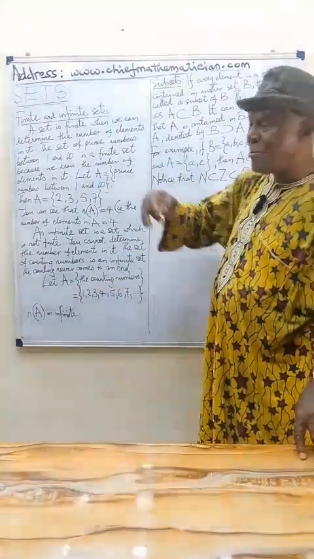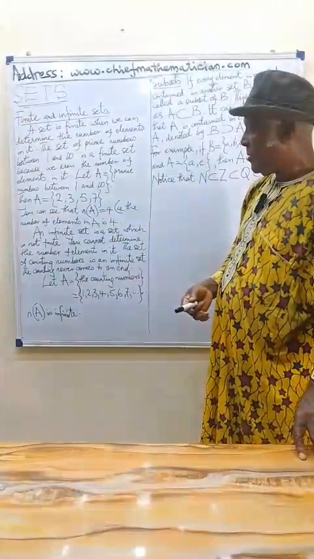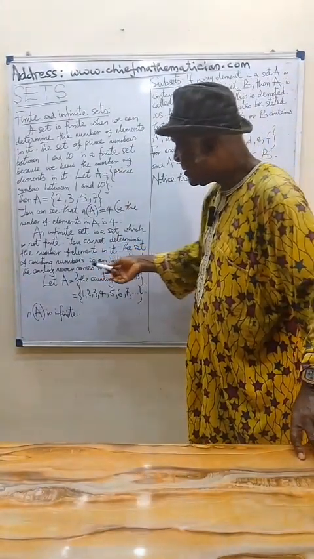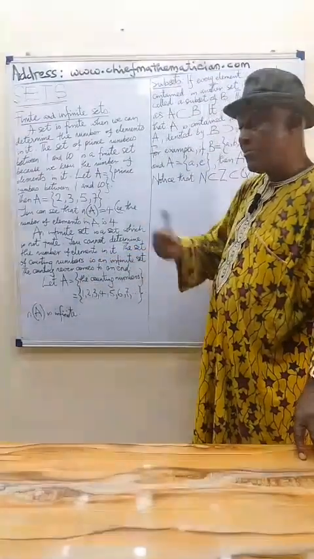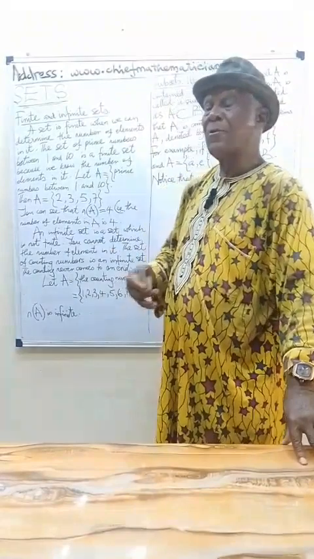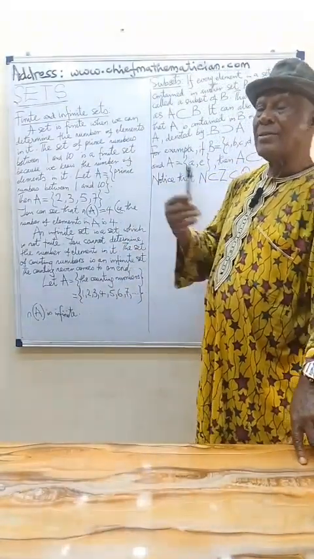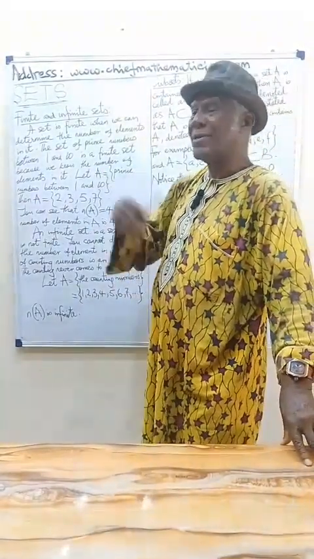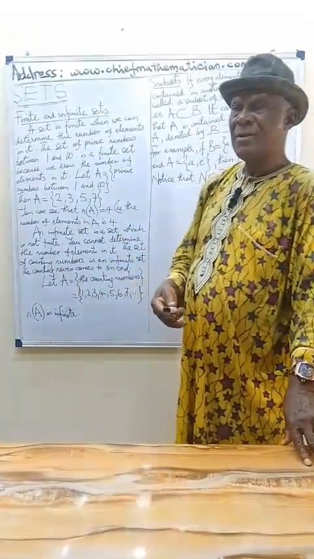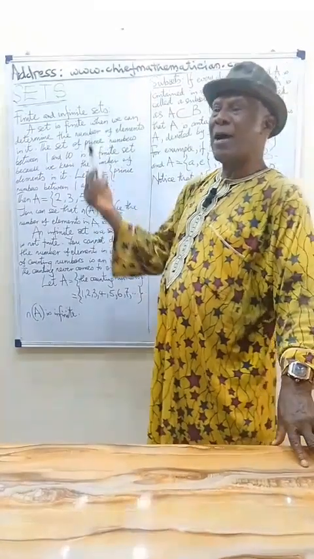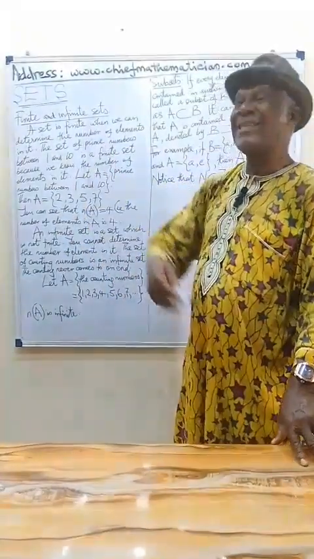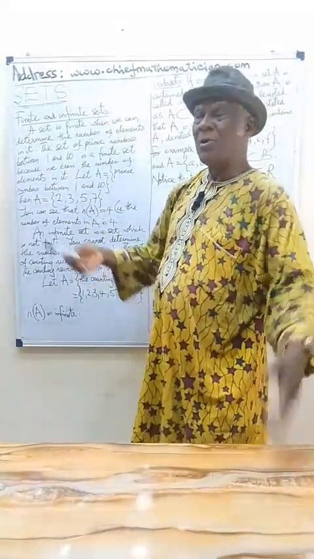If you are asked to count the set of positive integers, and you begin to count from 1, 2, 3, 4, you keep on counting. You can count for 1 hour, count for the whole day, count for a whole week. You are still counting. You don't get to the end.